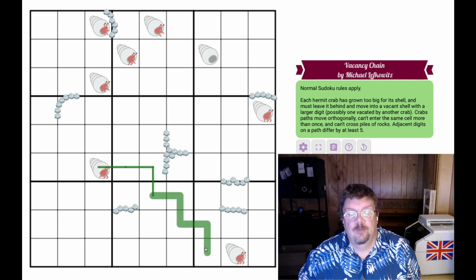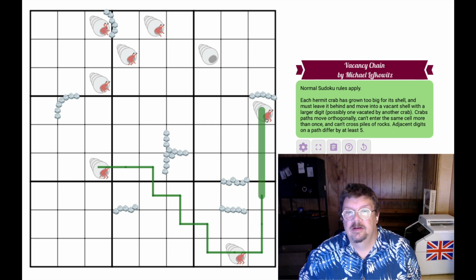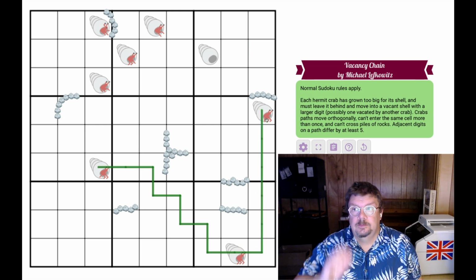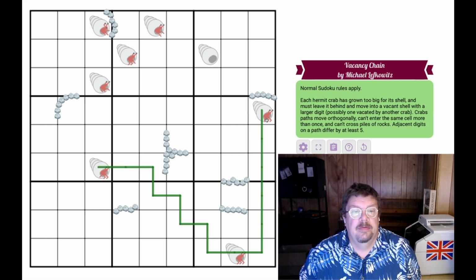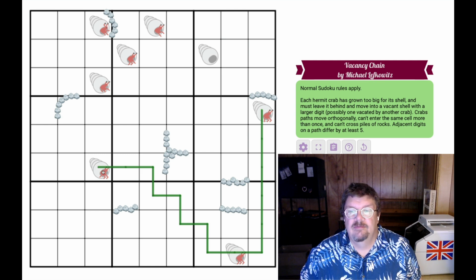And it's going to go from one shell to another shell, and that crab is going to go from its shell to another shell. Yeah, so each crab's going to move, and it'll create a path, and eventually that path will be filled as if it were a German whispers line. So digits along the German whispers line have to differ by at least 5. Also, the crab is not allowed to go through these piles of rocks.